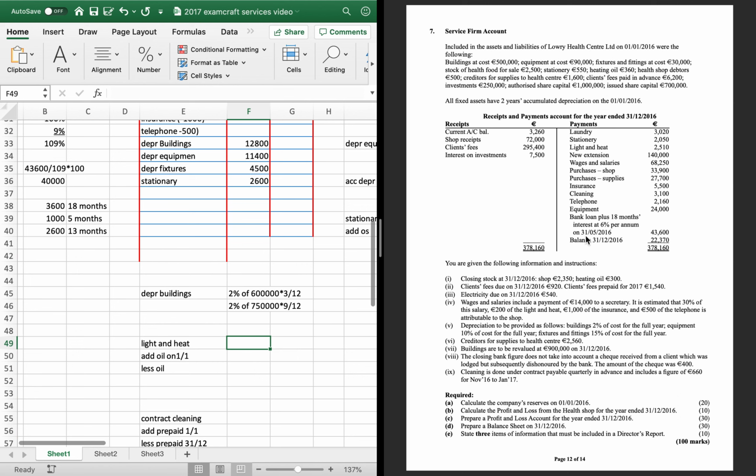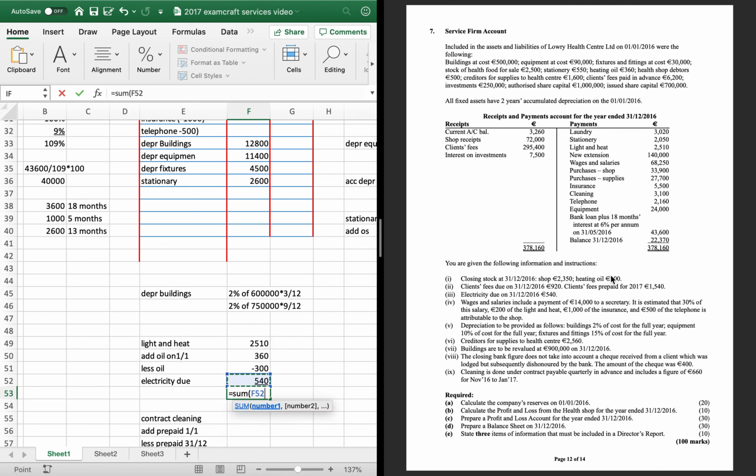All right, so the light and heat starts off at 2510. There's an opening stock of oil at the start of the year of 360, and a closing stock of oil at the end of the year of 300. But there's also electricity due at the bottom of 540.